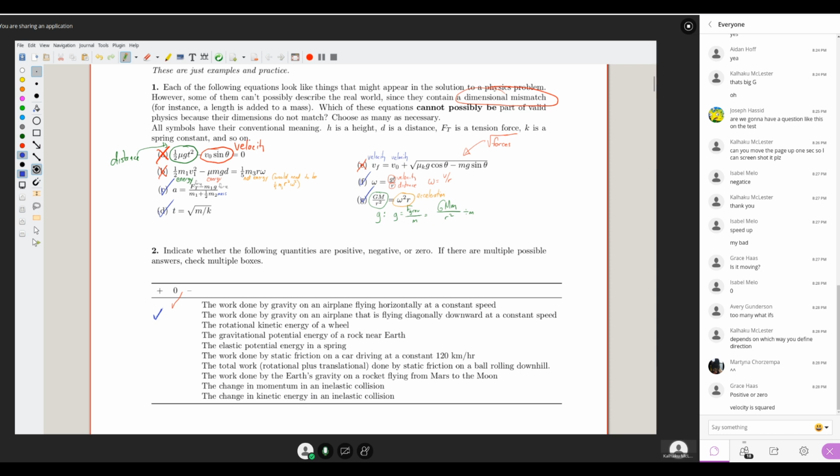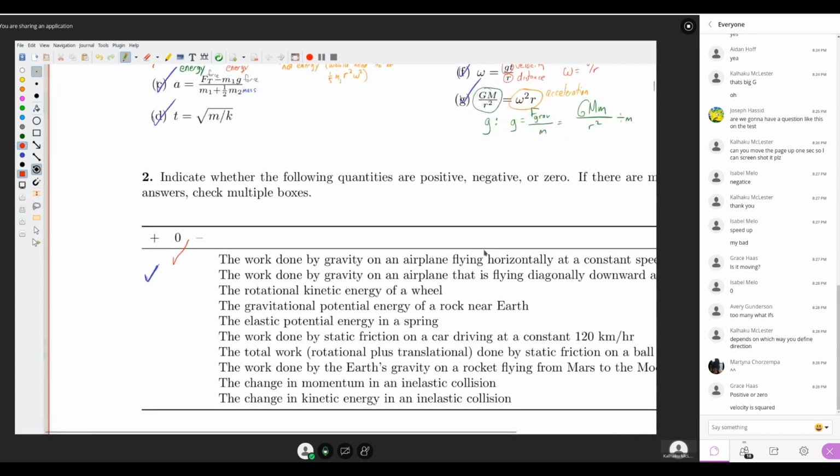And yes, Grace, that's exactly it. The velocity is squared. So in classical mechanics, you cannot have negative kinetic energy because translational kinetic energy is 1/2 mv squared. Rotational kinetic energy is 1/2 I omega squared. So those things could only be positive or 0. But it could be 0 if it's not moving. It turns out in quantum mechanics, you can have negative kinetic energy. But we're not doing quantum mechanics here.